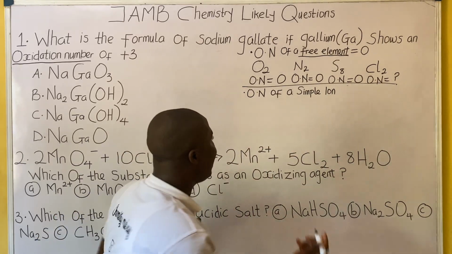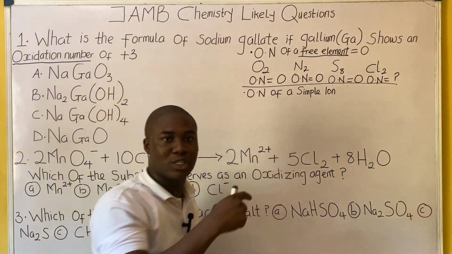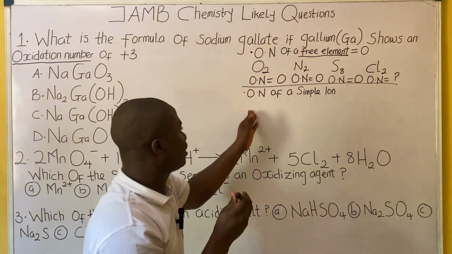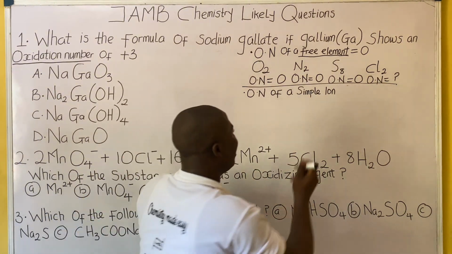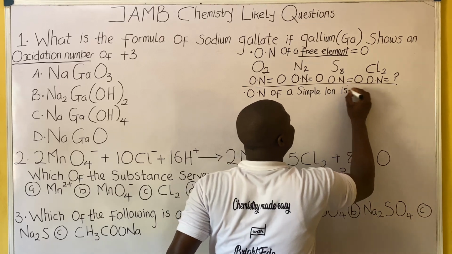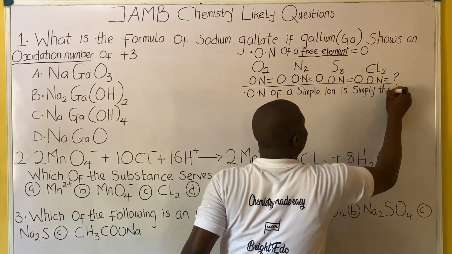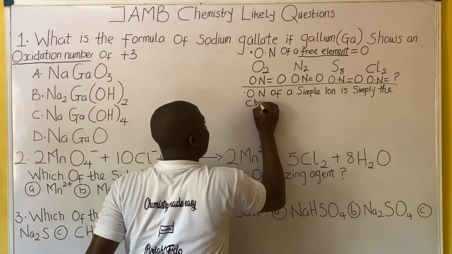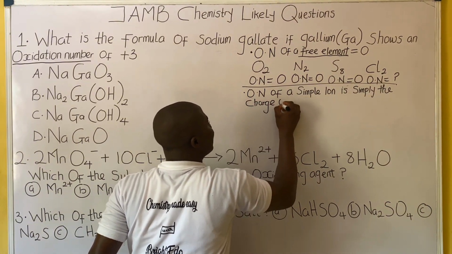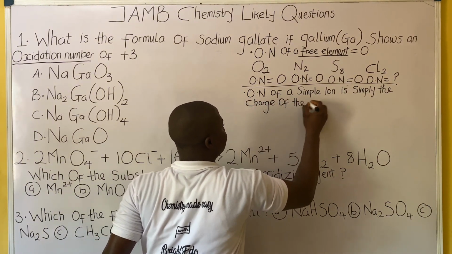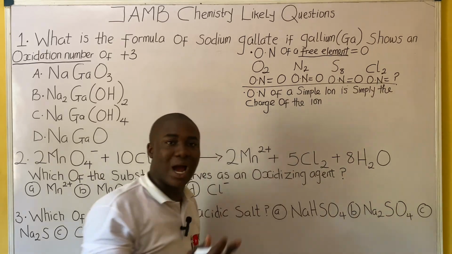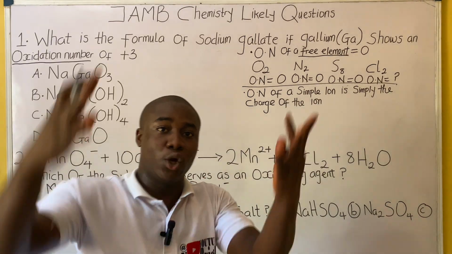Before we continue, let me just tell you what we should note here. The oxidation number of a simple ion is simply the charge. Take notes, it's very simple. It's simply the charge of the ion, or the charge on the ion.